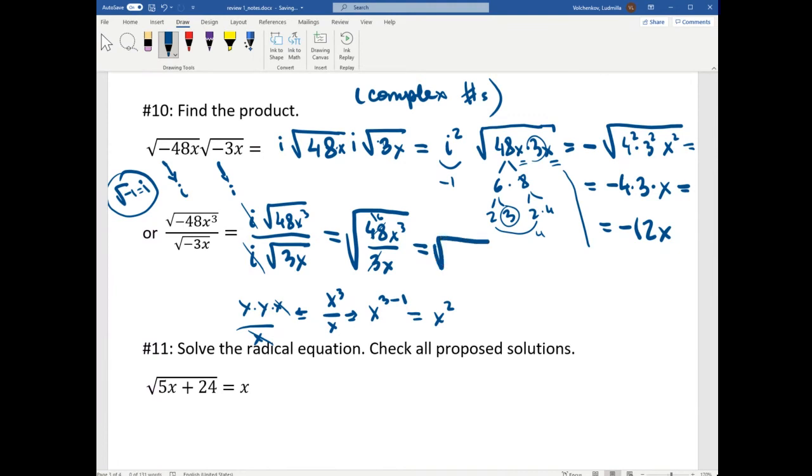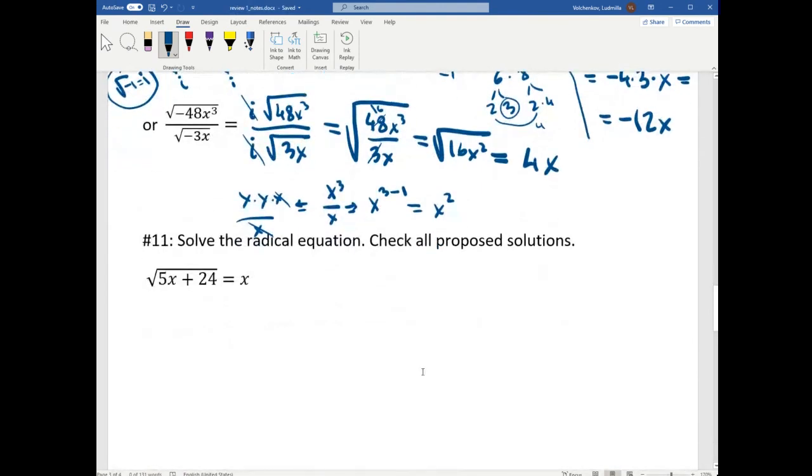So we get the square root of 16x squared, which is 4x. Again, since we had a square root of x here, it means that our x is positive, so the square root of x squared just equals x, and we don't need the absolute value bars.